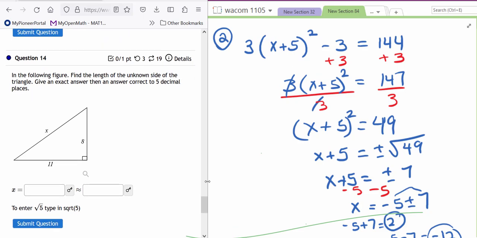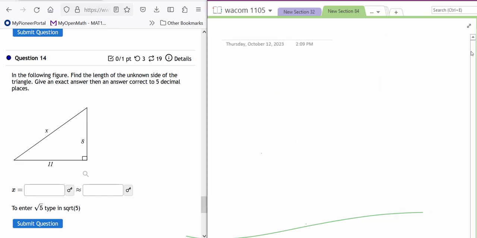All right, and I think you would use this same theorem that's on 14 for the one above. It says, in the following figure, find the length of the unknown side of the triangle. Give an exact answer, and then an answer correct to 5 decimal places.